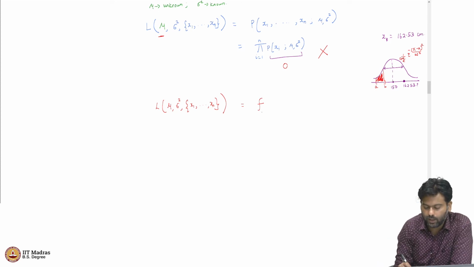So, you replace probabilities with PDFs. In other words, you want to replace the probabilities with the joint PDF of x1 to xn parameterized by mu and sigma square.